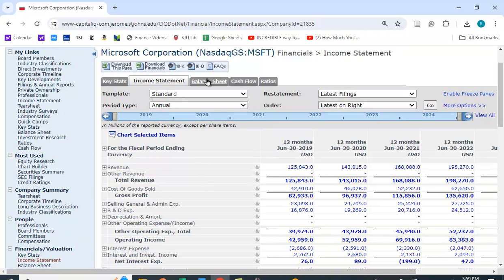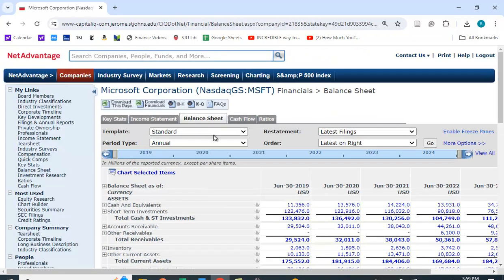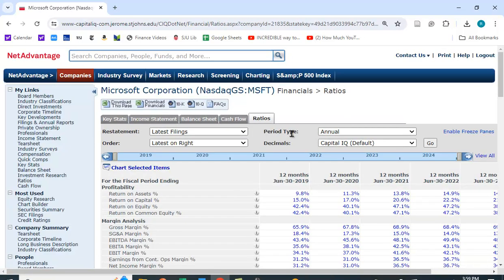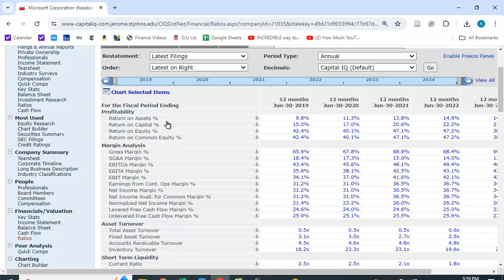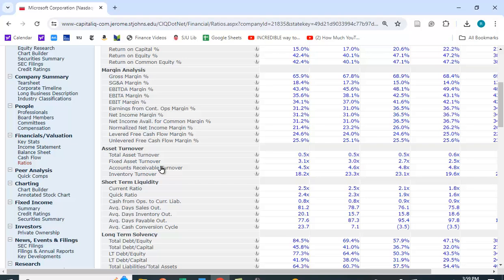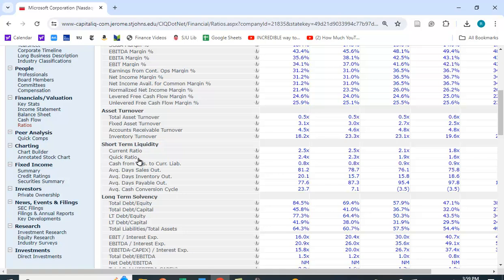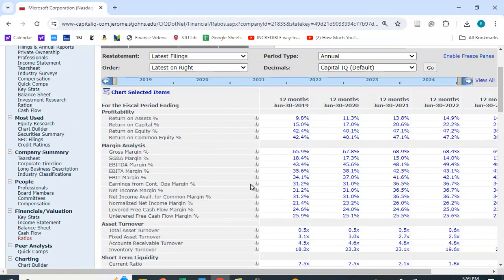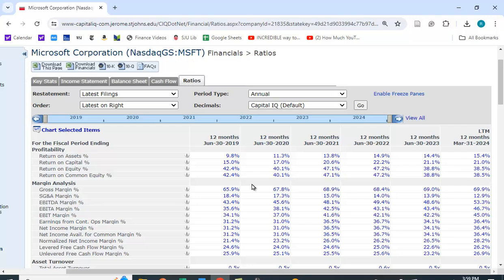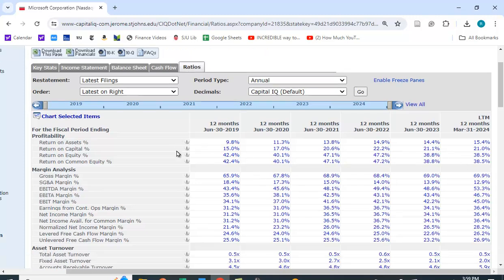You can also get their balance sheet and cash flow statement. You might be interested in ratios, some of their financial ratios, return on assets, return on capital, asset turnover, total asset turnover, fixed asset turnover, short-term liquidity ratios like the current ratio, and they give you 5 years worth of information here.